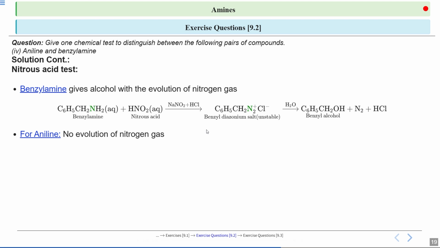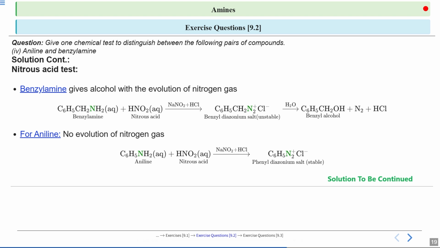Whereas in case of aniline, there is no evolution of nitrogen gas. When you react aniline with nitrous acid in presence of NaNO2 and HCl, it gives a phenyl diazonium salt, and it doesn't give any evolution of nitrogen gas.